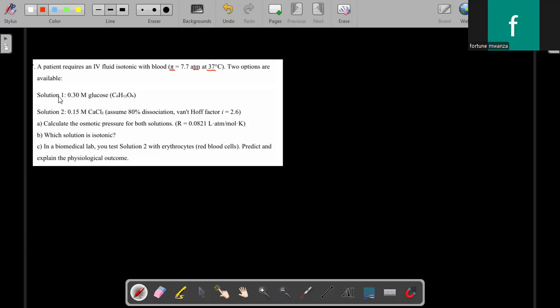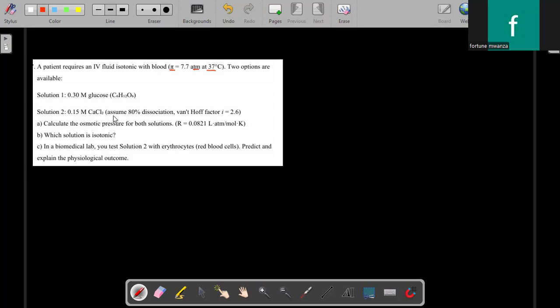So you either have solution 1, which is 0.3 molarity of glucose, or solution 2, which is 0.15 molarity of calcium chloride.